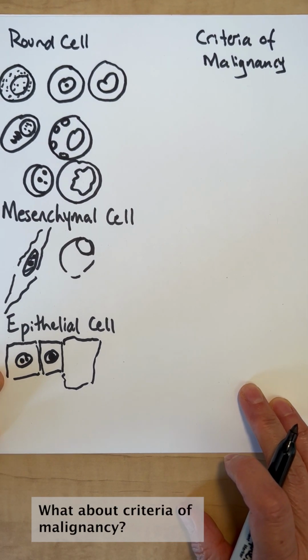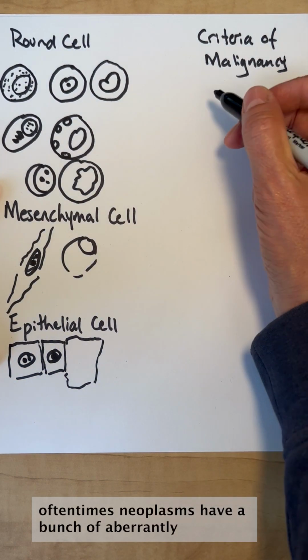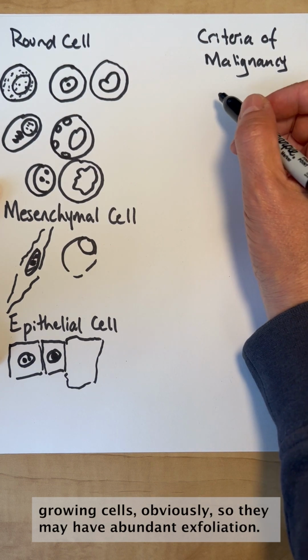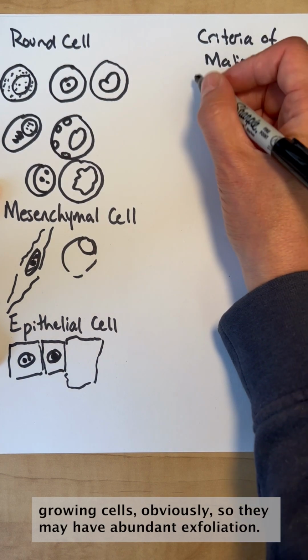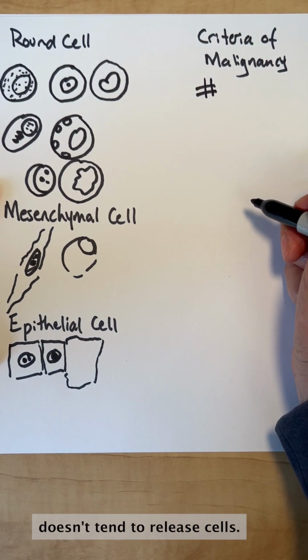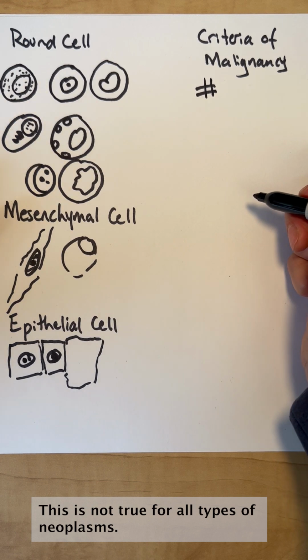What about criteria of malignancy? Well, oftentimes neoplasms have a bunch of aberrantly growing cells, obviously, so they may have abundant exfoliation. Number of cells that we're seeing, healthy tissue doesn't tend to release cells. This is not true for all types of neoplasms.